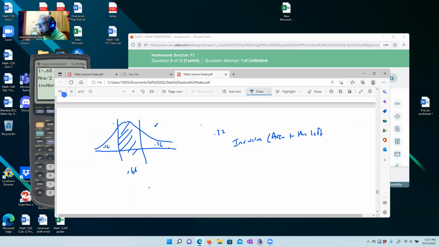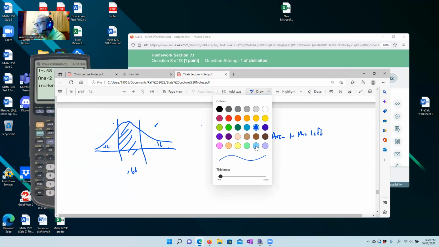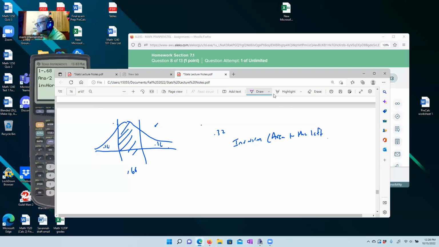Okay, so they want this area, I guess we could put it in purple or something. We'll put it this color right here. So we're going to get this right here. Okay, that's the area that I'm looking for.